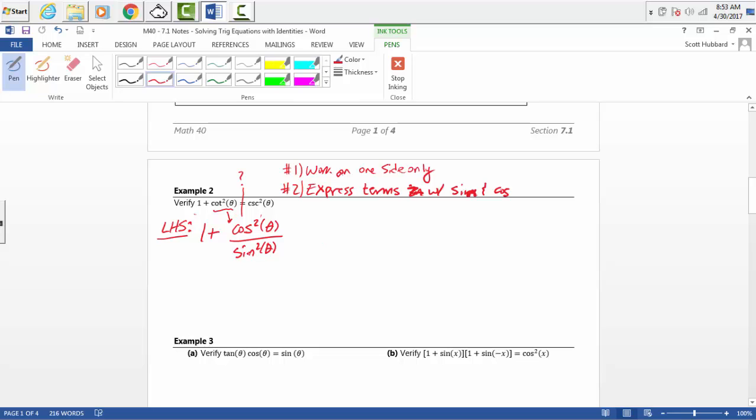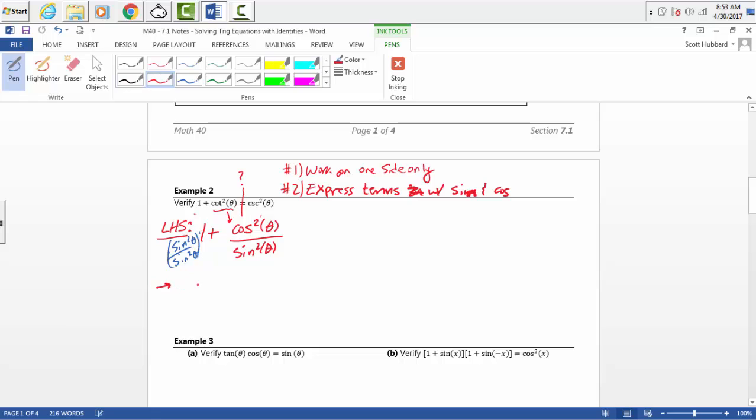And then I can get a common denominator. So if I multiply this 1 by sine squared over sine squared, okay, then what do I get?